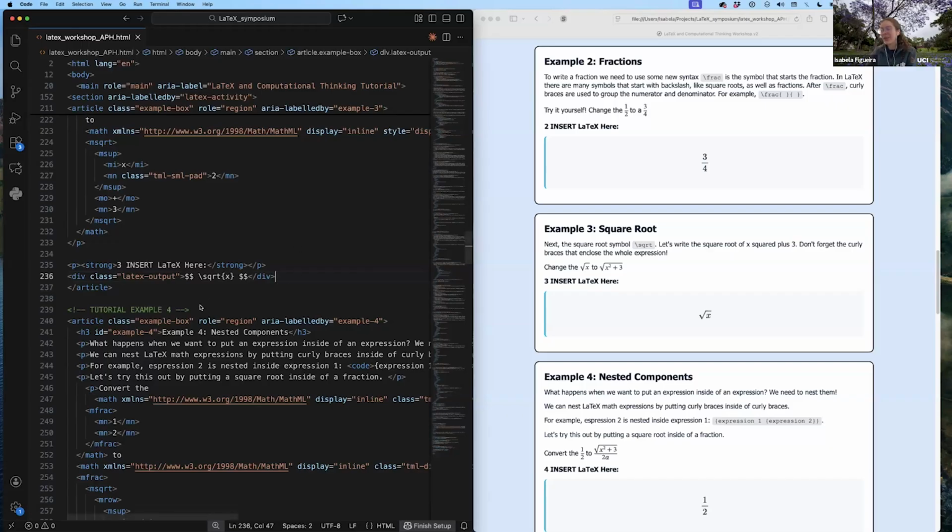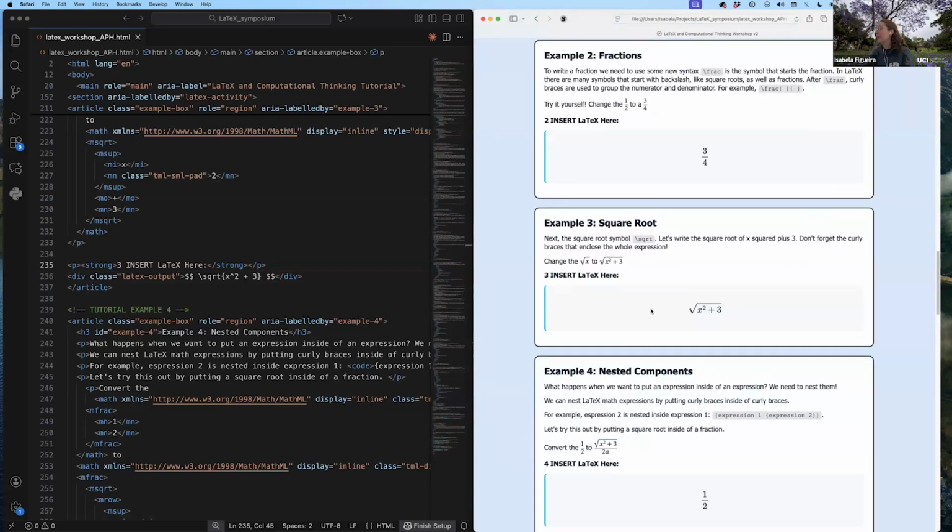All right, I will show you guys how to do it. So on line 236, I'm going to replace the equation \sqrt left brace x right brace with x squared plus 3. So I'm going to write x inside of the square root curly braces. I'm going to write x caret 2 plus 3. And then I'm going to save my file and then reload the web browser.